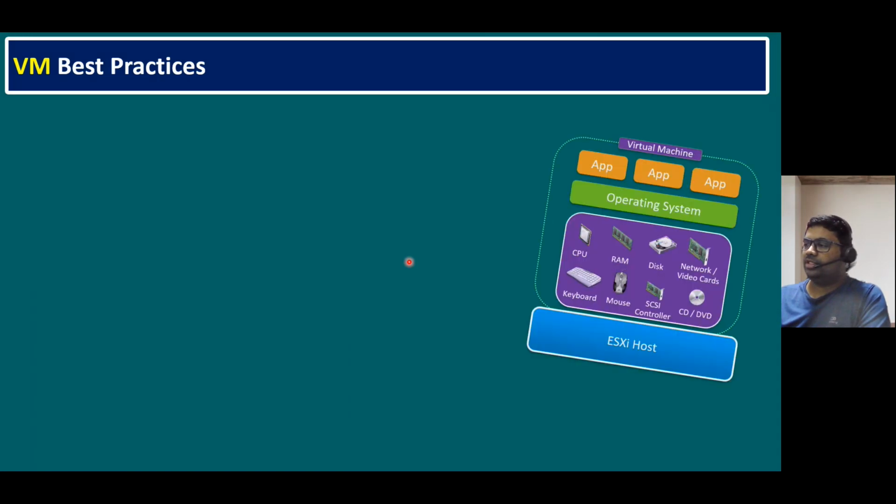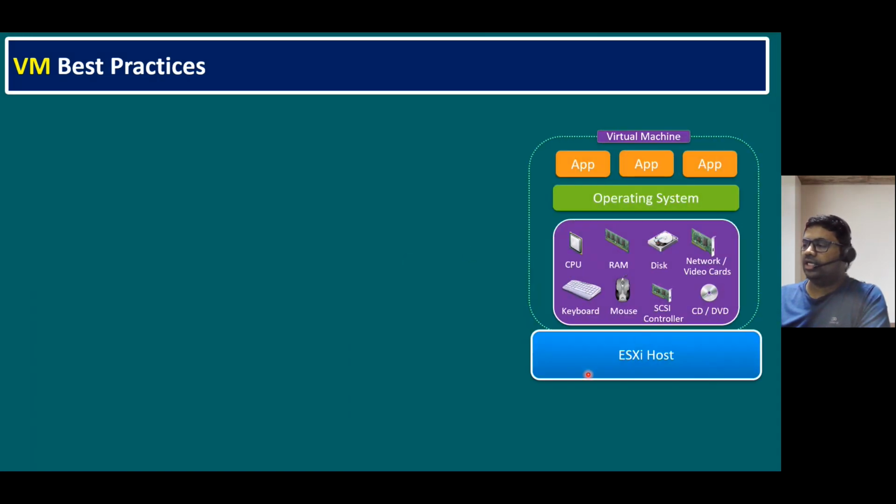Within virtual machine best practices, as we know, on the ESXi host we can create a virtual machine. On top of the virtual machine, we have all the virtual devices: vCPU, memory or RAM, virtual disk, virtual network cards, virtual keyboard, mouse, virtual SCSI controller, CD and DVD.